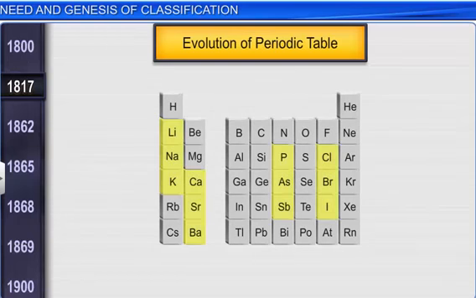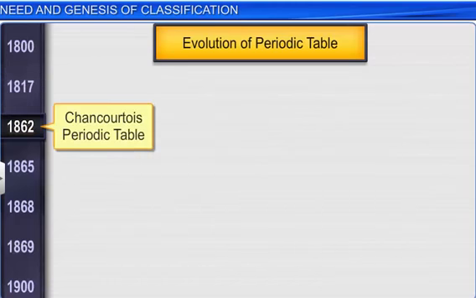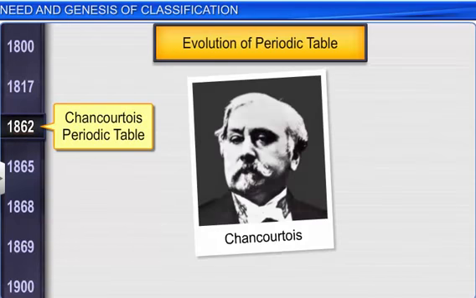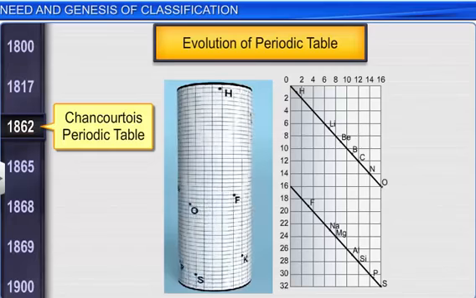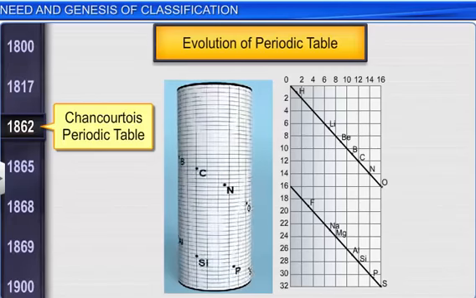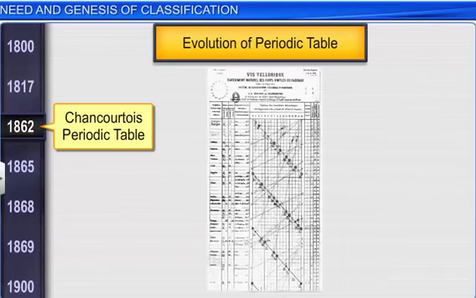In 1862, A.E.B. de Chancourtois arranged the then known elements in order of increasing atomic weights and made a cylindrical table of elements that displayed the periodic reoccurrence of properties. Chancourtois' periodic table was important because he was the first person who arranged all the chemical elements in the order of atomic weights.